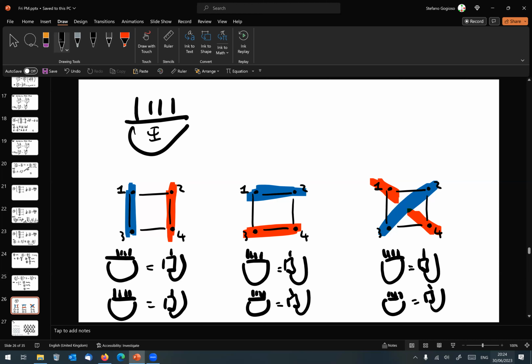So here I discard 1 2, or I discard 1 3, or 3 4, or 1 4, or 2 3 in the middle. Okay, got it.